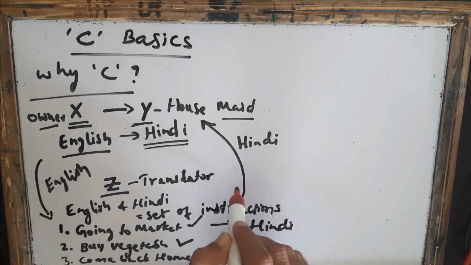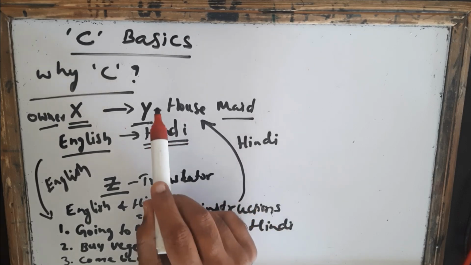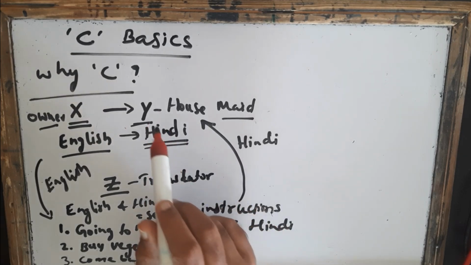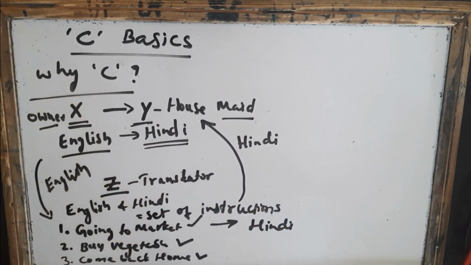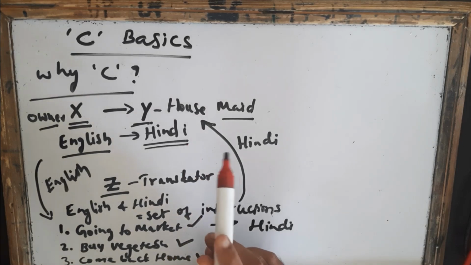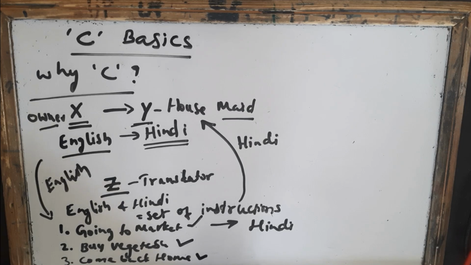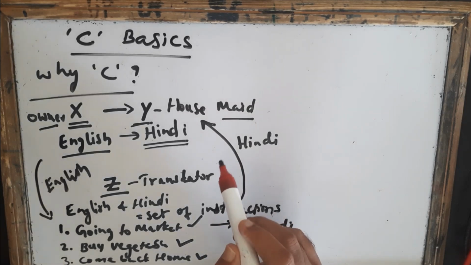The translator translates this to Hindi and hands over that instruction set to the guy Y. So this guy will follow the instructions in Hindi, how to go to market, what to buy in the market, then how to come back home.